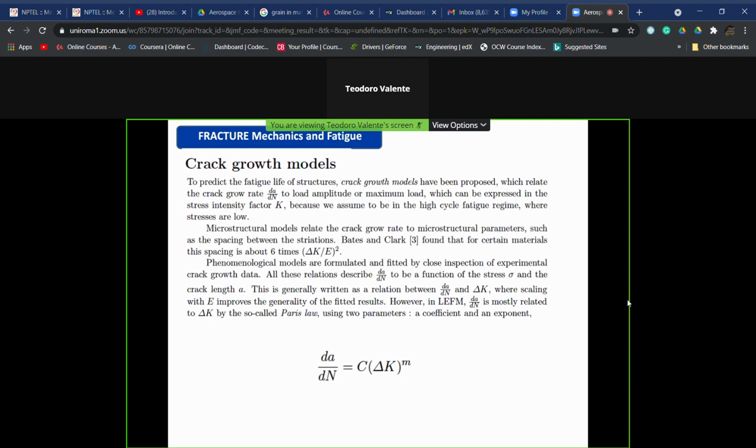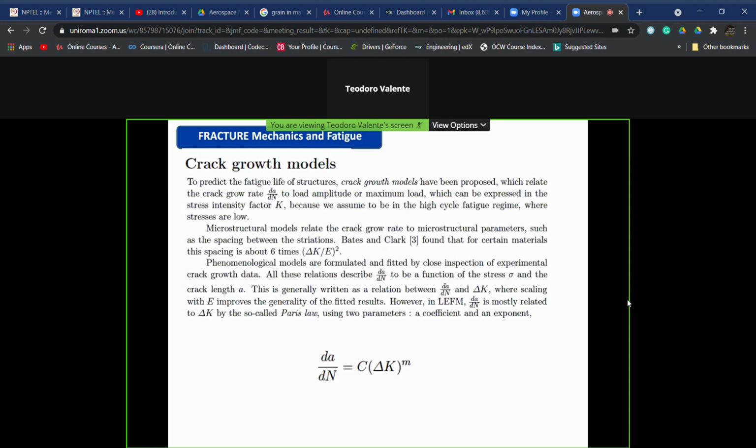But in any case, we do have available, and they work well, some phenomenological models which have been developed by fitting experimental data of crack growth on the specific applied fatigue conditions. These relationships describe the crack growth rate, the derivative of the crack length with respect to the number of cycles, as a function of the stress and of the crack length.